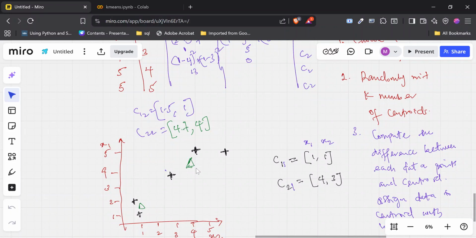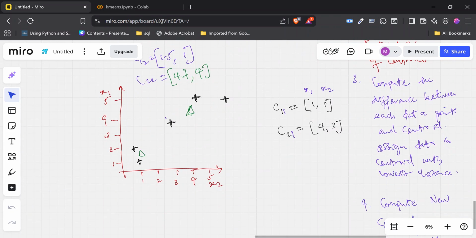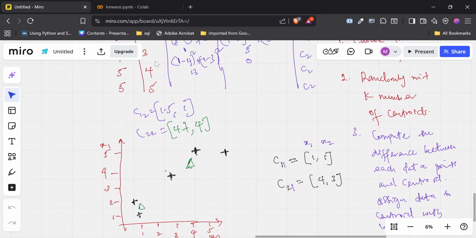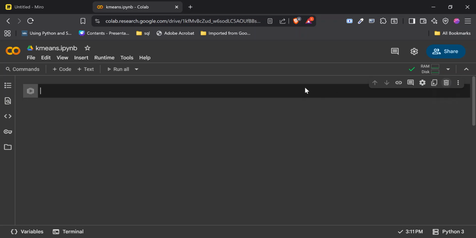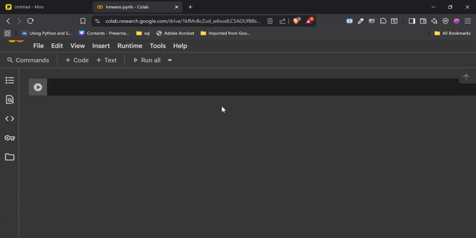Once we find the location that minimizes the difference between each of these points, we have found the best place for our centroid, and we just assign each of the data points to that particular centroid to form our final clusters. That is how K-means happens under the hood. So let's go and code it. I hope it makes sense, but it's going to make more sense when we write it now.